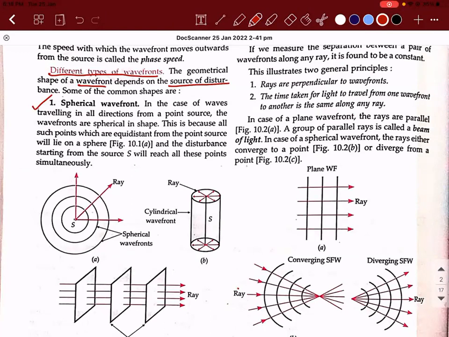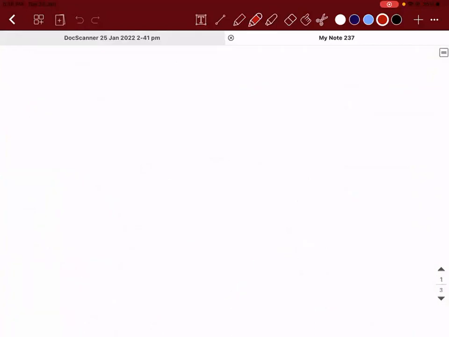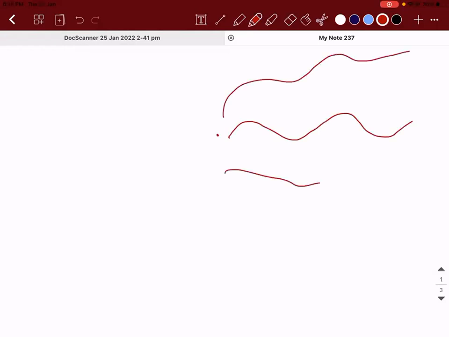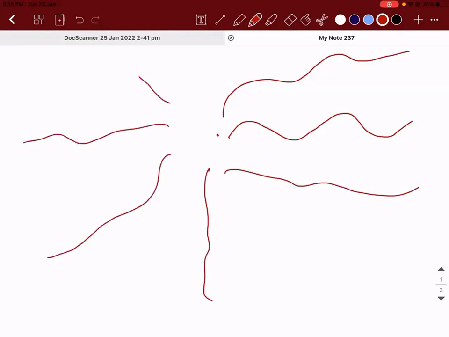Spherical wavefront, as the name suggests, is for waves traveling in all directions. If you take a point source, then waves are going to come out like this, right?